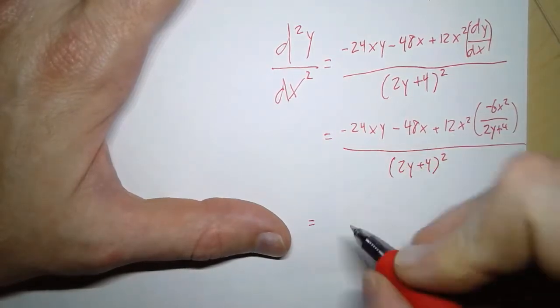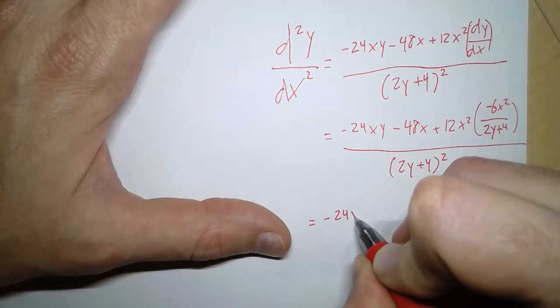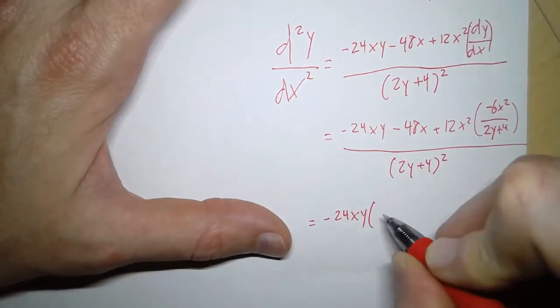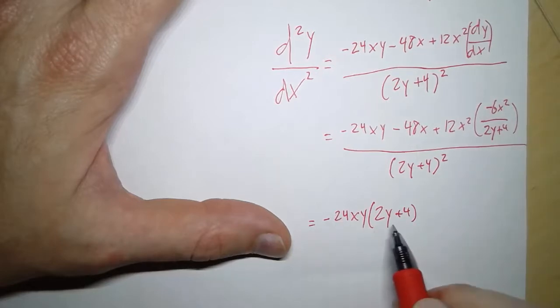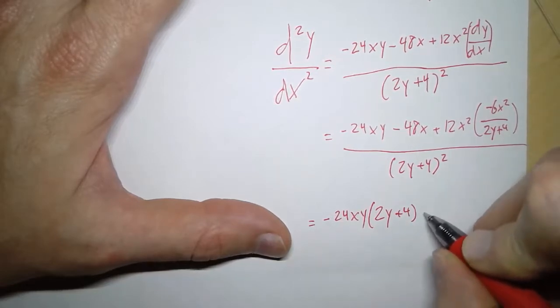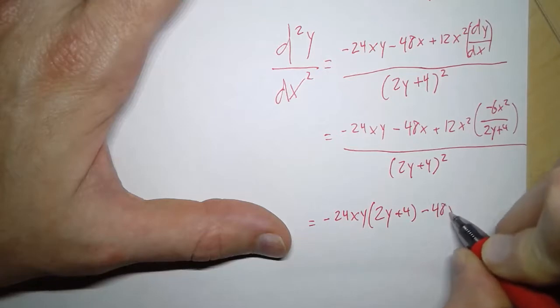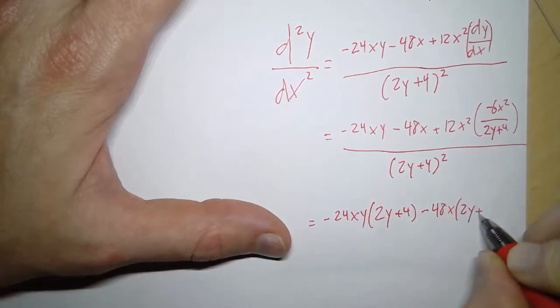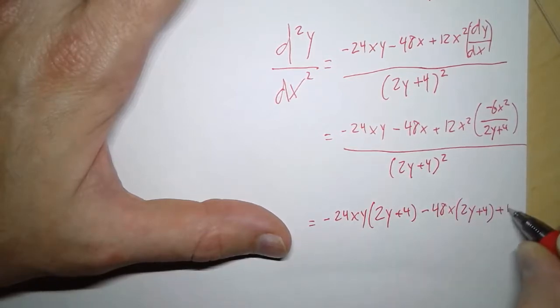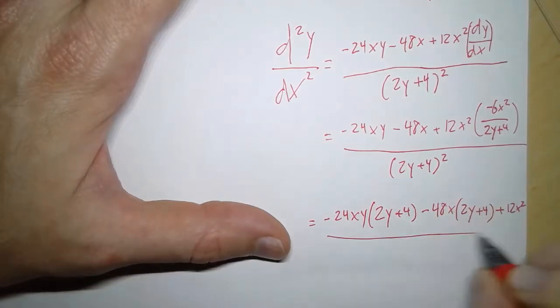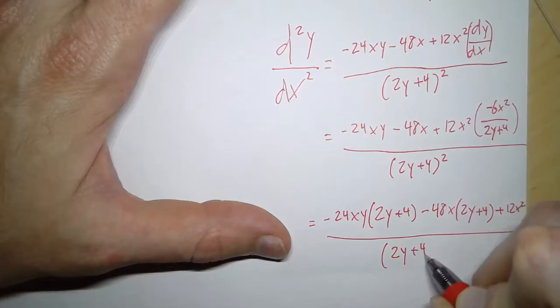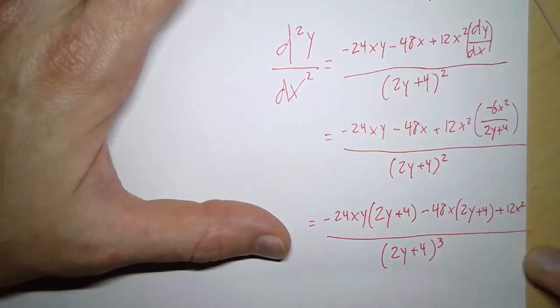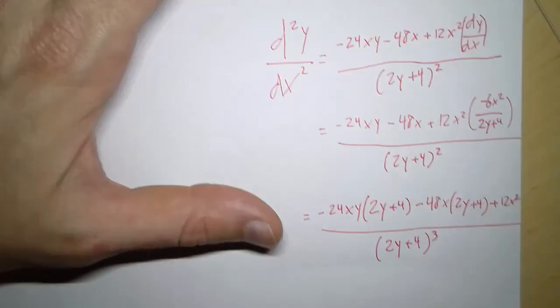But what it will also do is add that factor onto the other two terms in the numerator. So negative 24xy times 2y plus 4, minus 48x times 2y plus 4, plus 12x squared, all over, and on the bottom we'll have 2y plus 4, and this time it is cubed, because if we multiply it on the top, we also have to multiply it on the bottom.